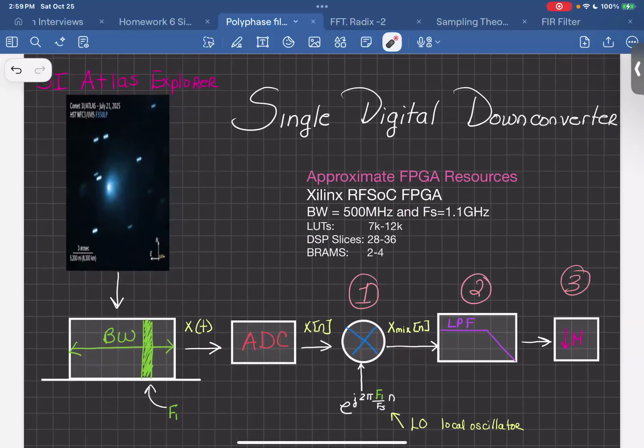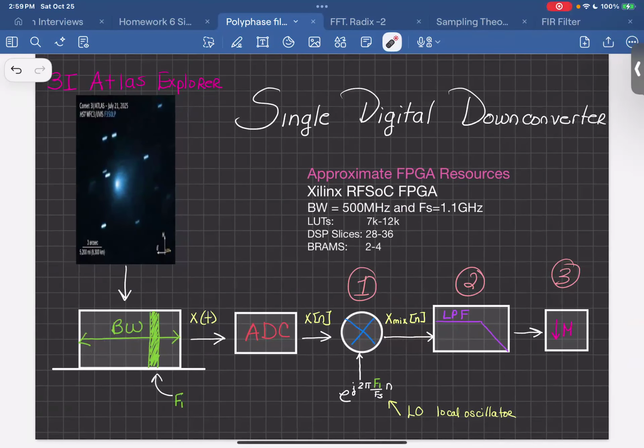So we're looking at how our signal gets affected, because a digital down converter is something that is widely used in radar, astrophysics, astronomy. Sometimes we want to see a specific feature that is in an orchestra of frequencies, so we use a digital down converter for this particular application.